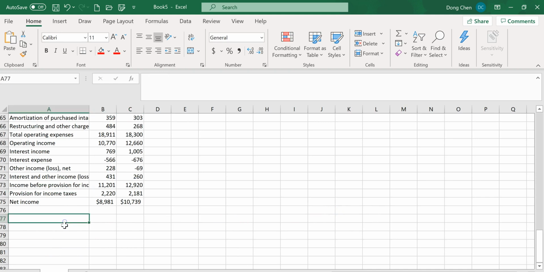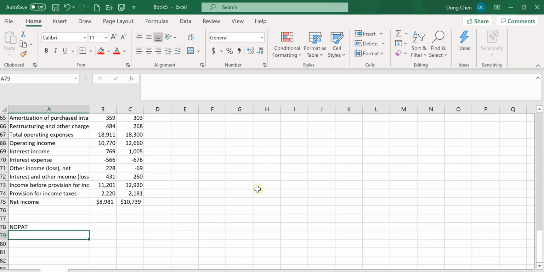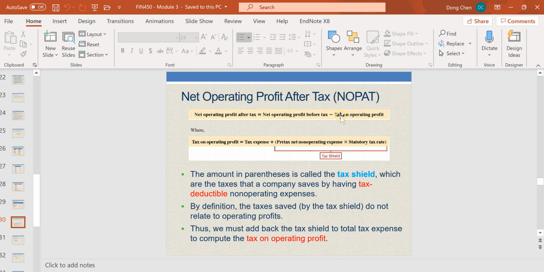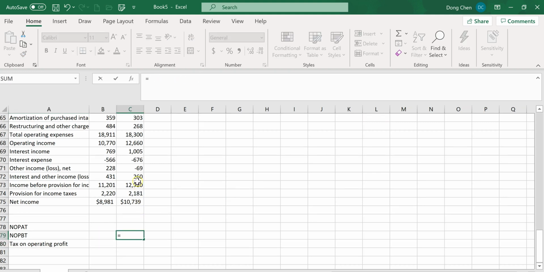Going back to module 3, NOPAT is based on net operating profit before tax, NOPBT, and then we have the tax on operating profit. NOPBT basically refers to the operating income.